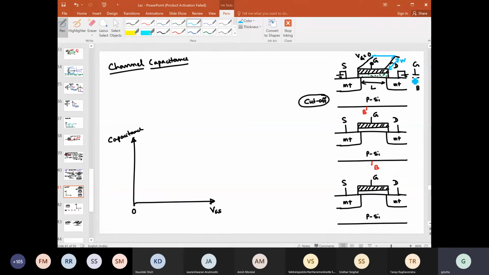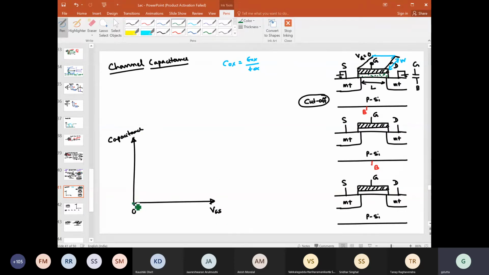So what will be this capacitance? The separation between these is T ox, the oxide thickness, and the dielectric is epsilon ox. So the capacitance per unit area is equal to epsilon ox by T ox, which is C ox. The total capacitance would be equal to C ox into the area, and the area is L into W. Now if we plot this, here VGS, we are plotting how the total gate to channel capacitance changes with the gate to source voltage.